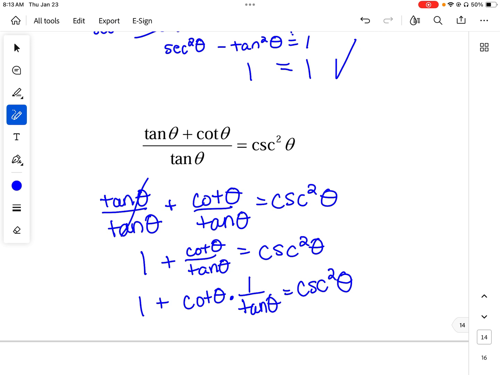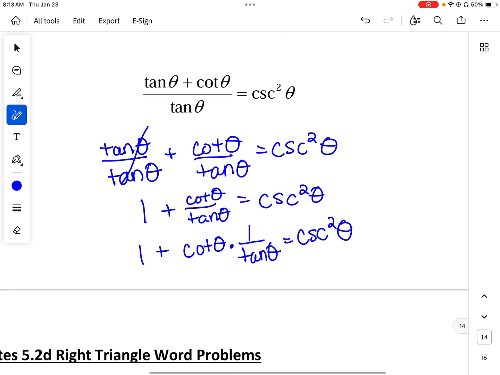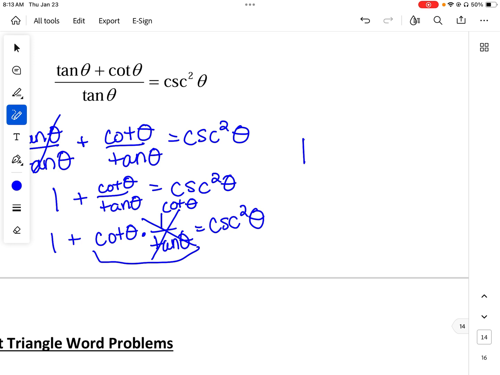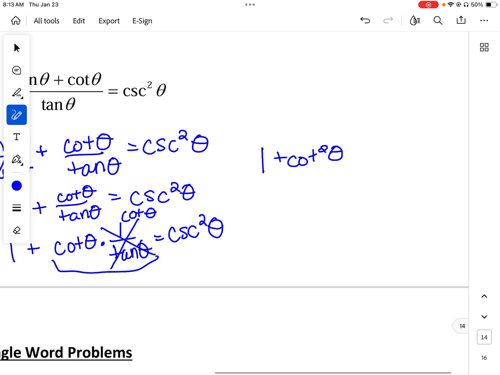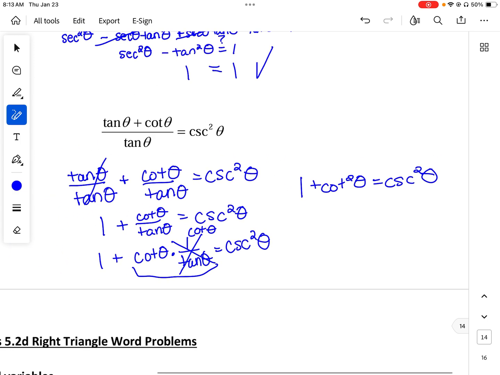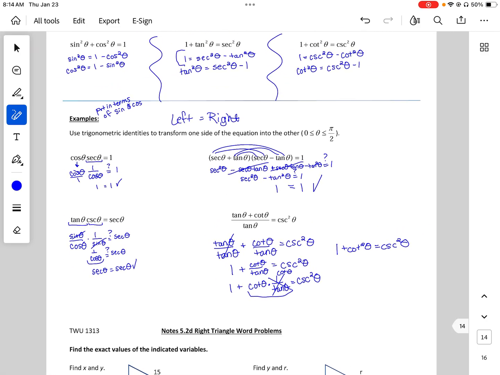Just knowing basic algebra principles. Okay, and then I'm going to look at, oh, you know what this is? This is really cotan theta. So then this whole thing would be 1 plus cotan squared theta equals cosecant squared theta. Okay, let's see if we have that as part of our Pythagorean identities.